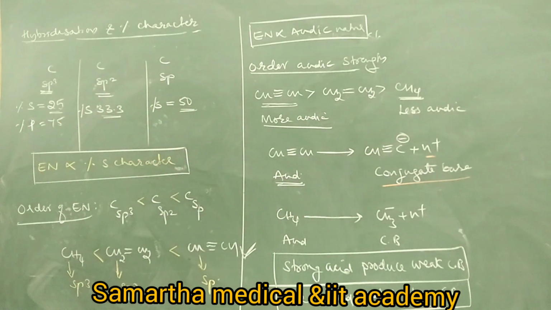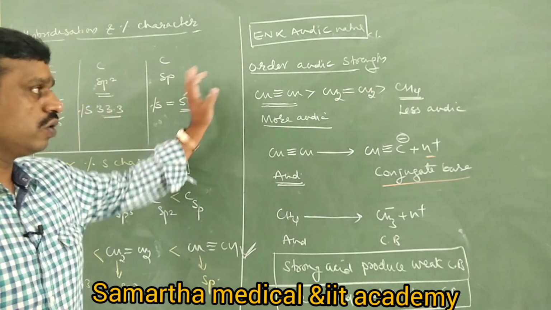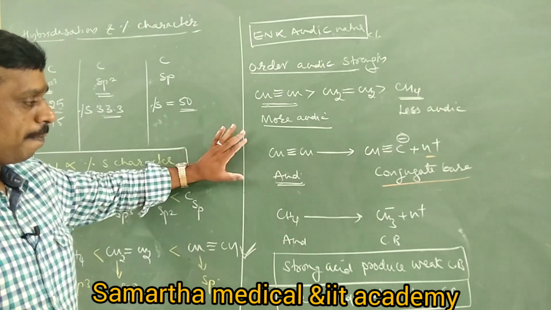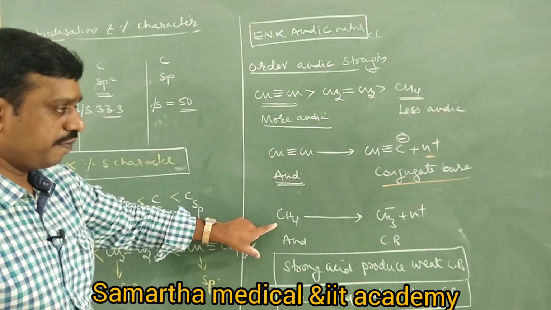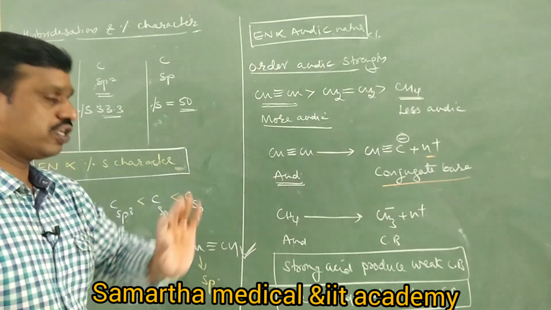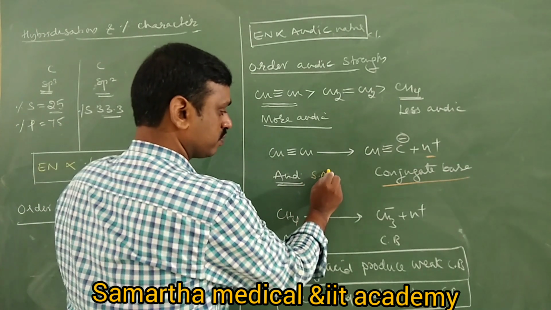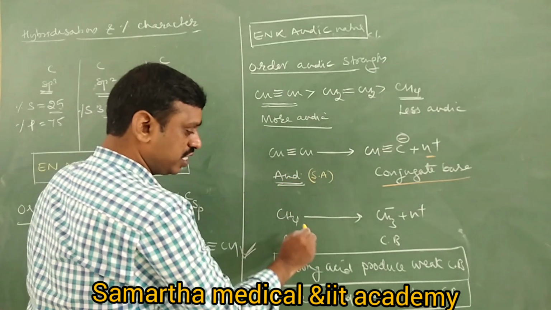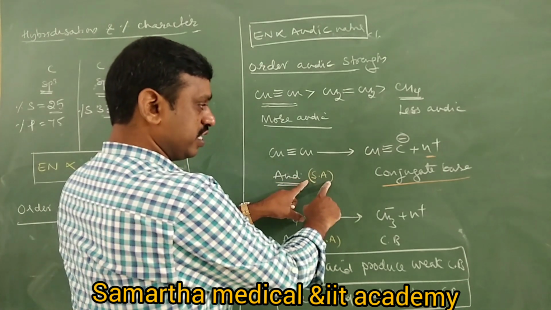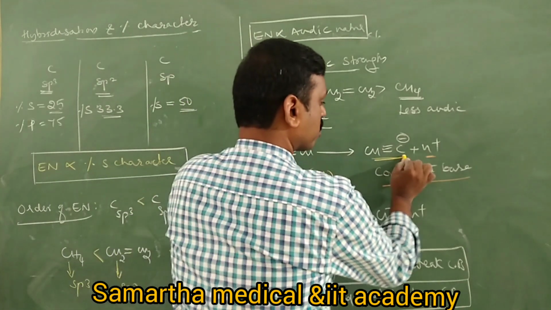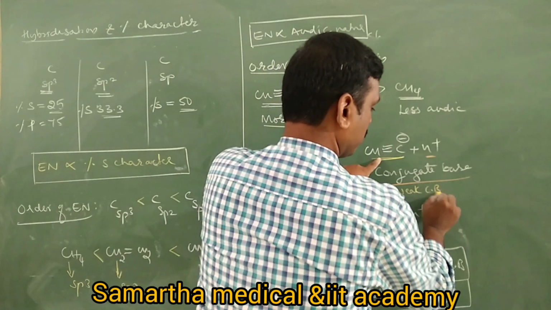Now there was a question that appeared in previous JEE based on this concept. Now come and tell me. I have taken both acids. It is alkyne, it is alkane. Among alkyne and alkane, which is the stronger acid? Comparatively, alkyne is a strong acid, alkanes are weak acid. Strong acid always produces weak conjugate base.